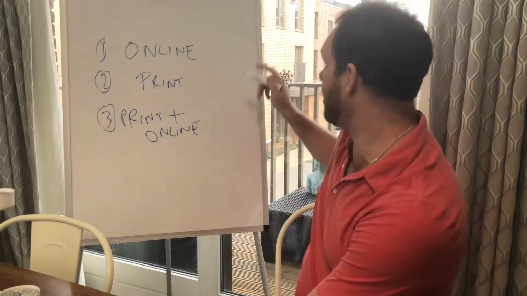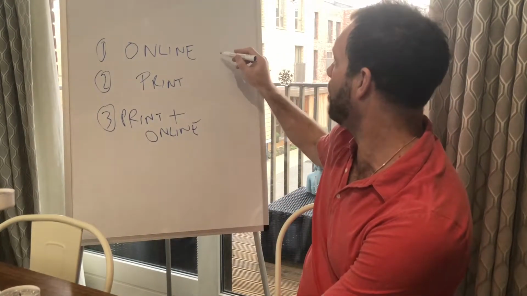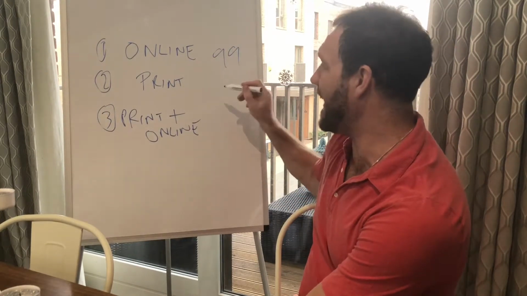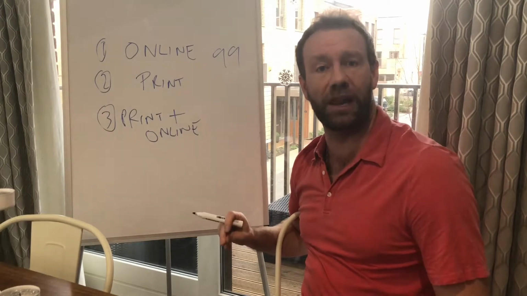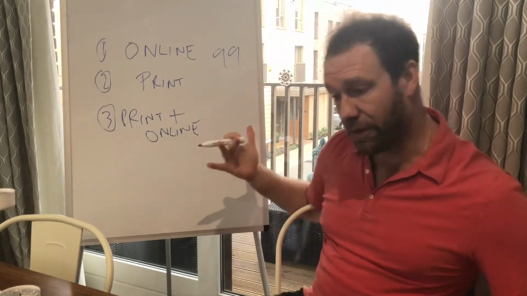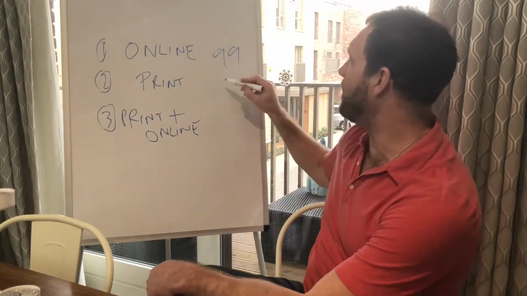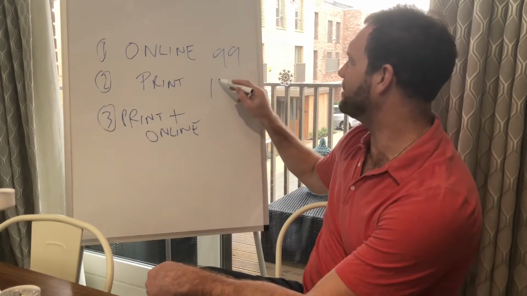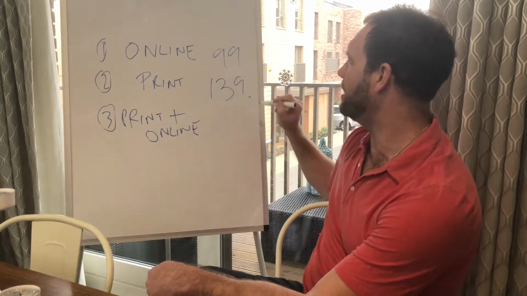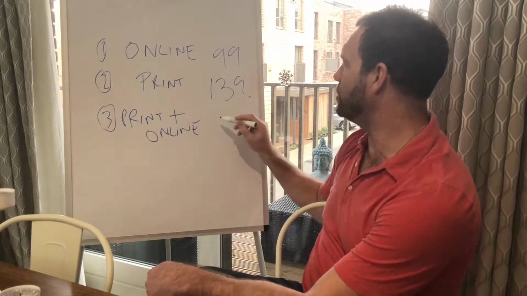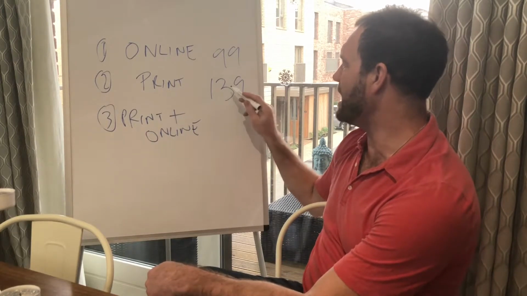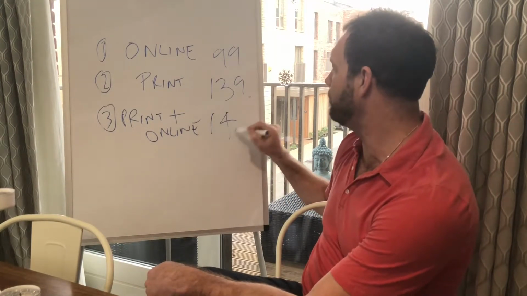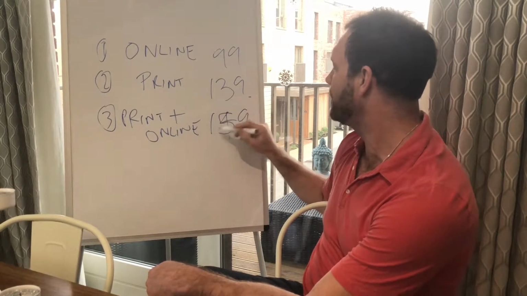Let's say the first option was $99 to train once a week. But then let's say we want people to go for the unlimited training option, the third option. So what we would then do is say to train twice a week, we'll put it at $139. And then we would put the train unlimited at, let's say, $149 or $159, for example.